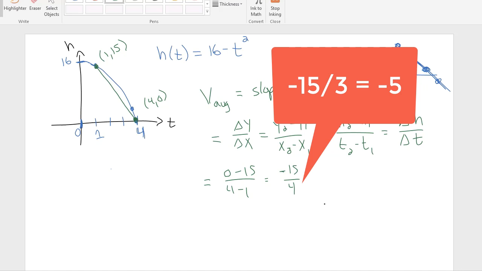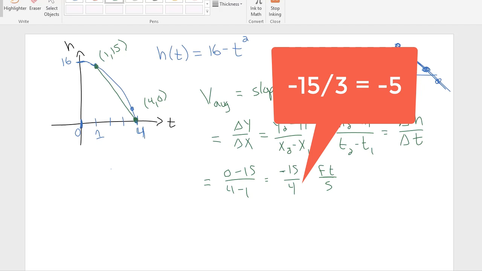We could write that as a decimal, but let's leave it exact for the moment. Keep in mind the units of the numerator: those are our heights, which I've said verbally would be feet. And the denominator, my change in time, is in seconds. So our average speed or average velocity is negative 15 over 4 feet per second.